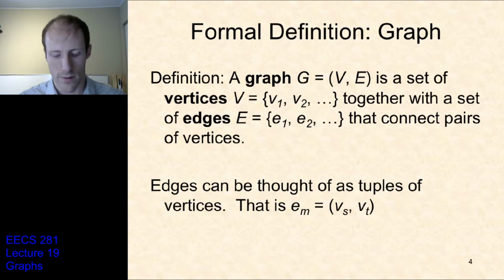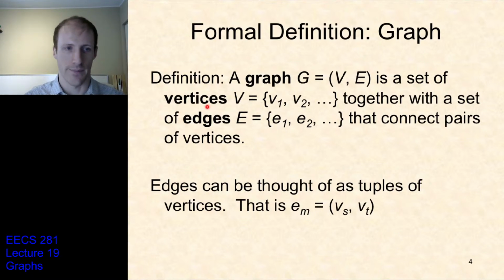So a graph is a tuple of V and E, where V is a set of vertices, which is just another word for nodes. You can see here it's vertices, but I've said nodes. They're interchangeable words. So a graph is a set of vertices together with a set of edges. And the edges are going to connect pairs of vertices.